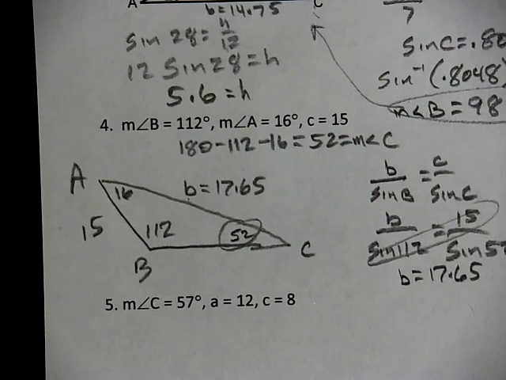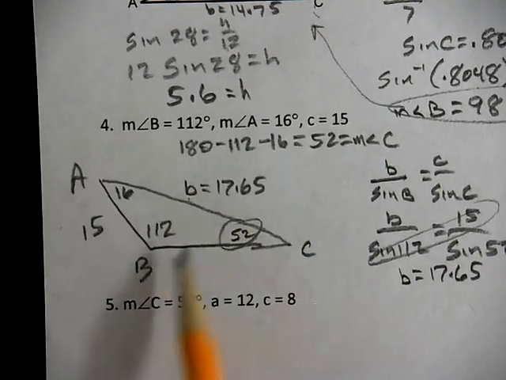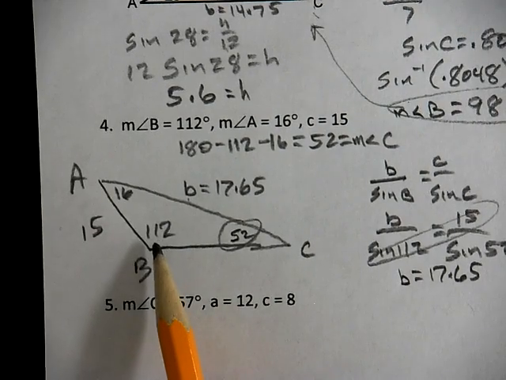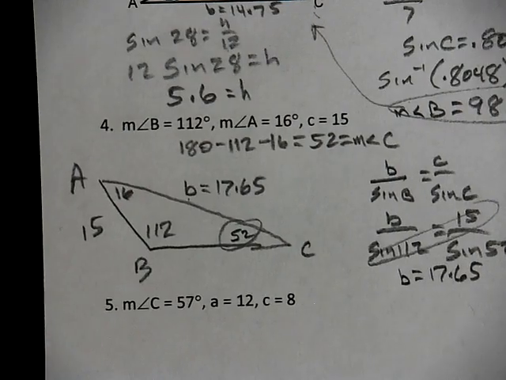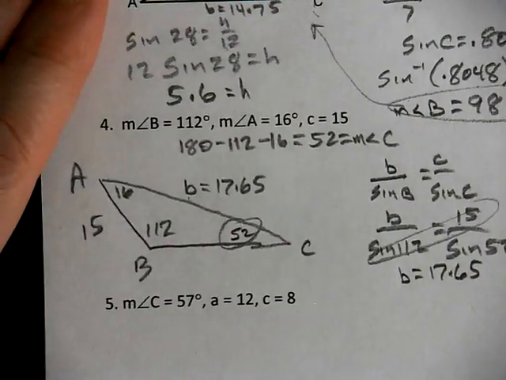That seems kind of funny. Just kind of checking my work. I would expect it to be a little bit larger than that if that's 52. That looks accurate to me at the moment.